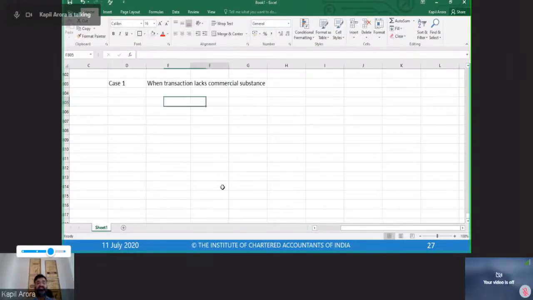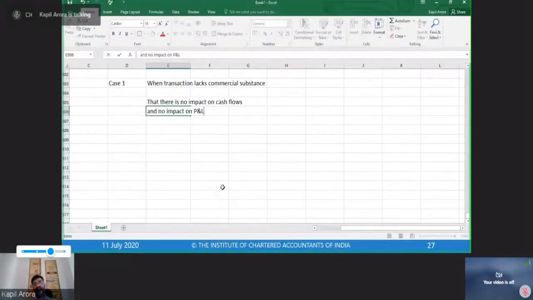Commercial substance means the transaction has an impact on cash flows, and no impact on P&L means it lacks commercial substance.